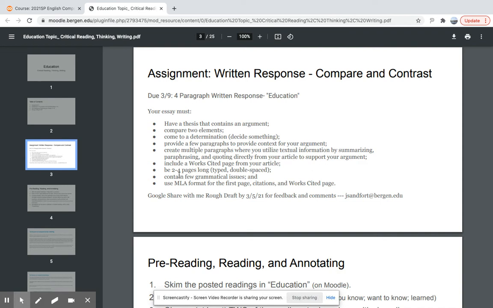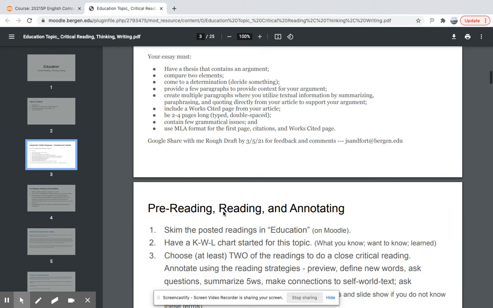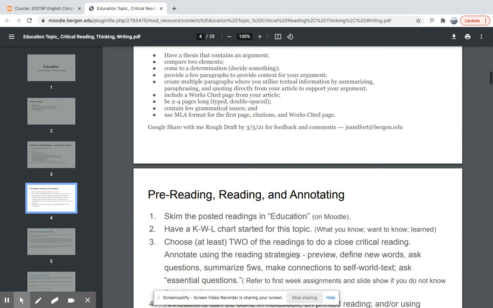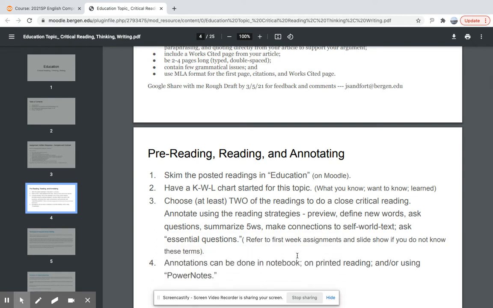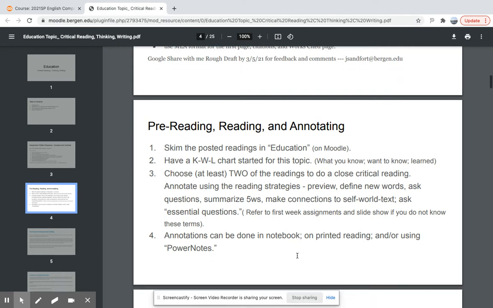Include the works cited page and be 2 to 4 pages double spaced following the MLA format. Please feel free to share your drafts with me on Google Docs and I can give you feedback.